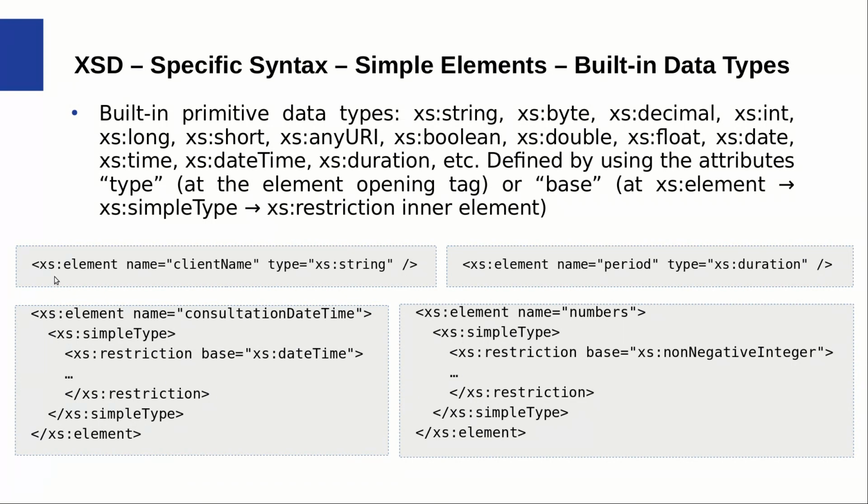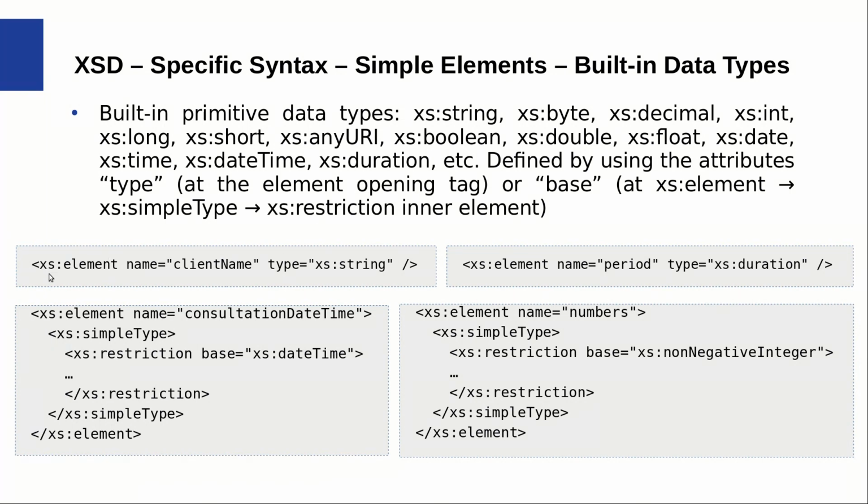Here at the first xs:element starts the declaration of a simple element. The name attribute names that element, and this is the name you'll be using in the XML instances for this element, clientName. And right next you use the type attribute with, for example, the built-in string type from the default namespace of W3C, xs:string.